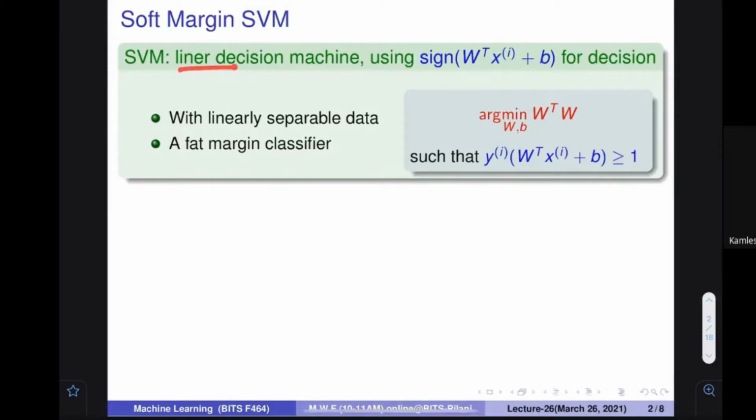So it is a linear decision machine. What do I mean by this? There is a linear equation, and you know that W transpose X is a linear equation. So W transpose X plus B, it sees what the sign of W transpose X plus B is. When we talk about the sign, what does it mean? That there is a decision boundary, and the item is either on one side or the other side.